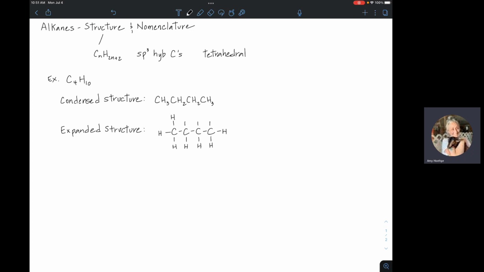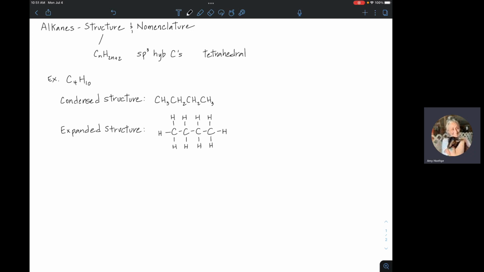And you can see the 3 hydrogens on the end versus the 2 hydrogens for each of the interior carbons. So that's where that 2n plus 2 comes from. So in order to get a complete octet on those terminal carbons, we have to put an extra hydrogen on each. So Cn and then H2n plus 2.